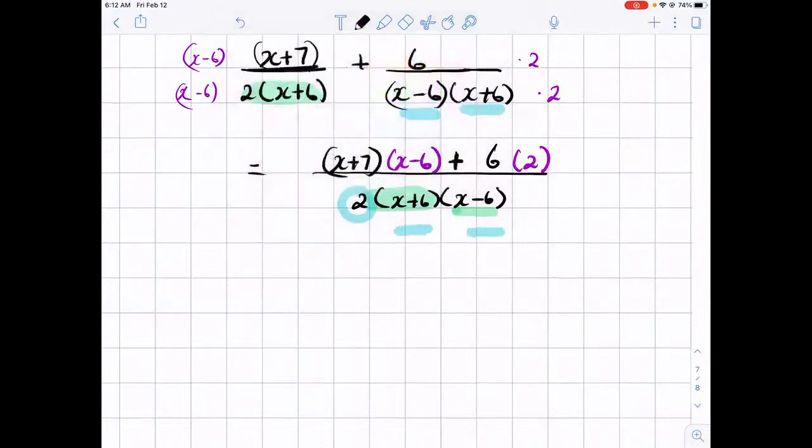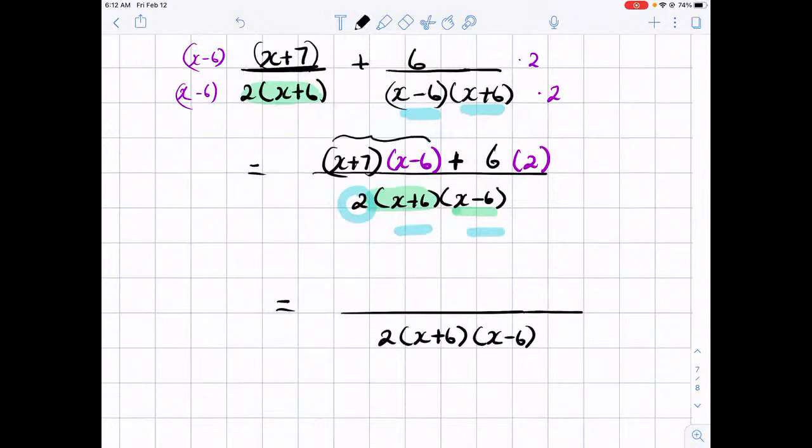So we have 2 times x plus 6 times x minus 6. And then if I multiply out these two terms, we have x squared minus 6x plus 7x minus 42, okay?